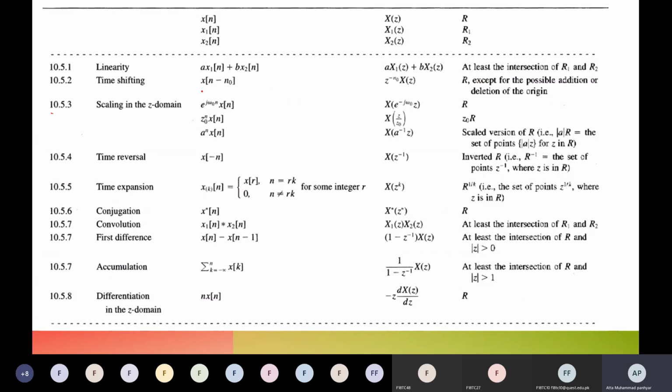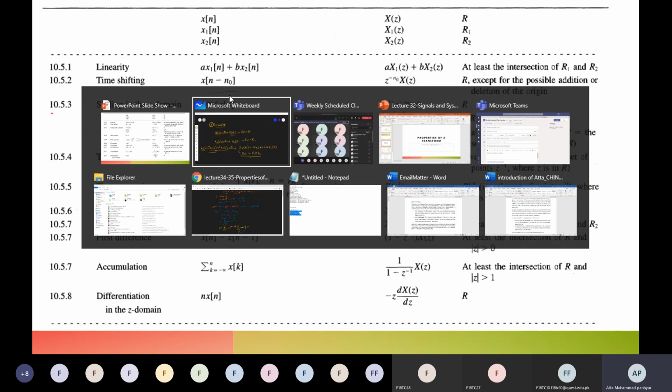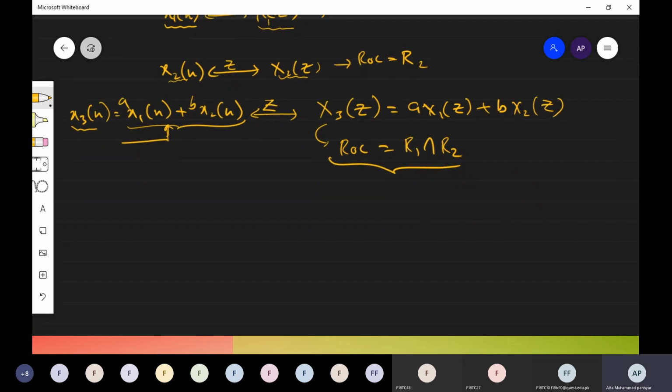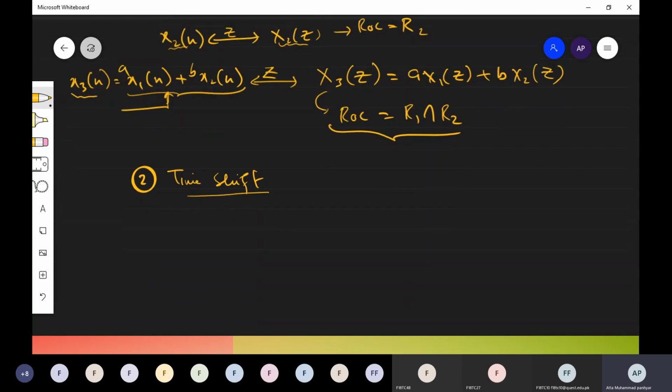So the second property is time shift, right? The second property is time shift. So what does time shift say?